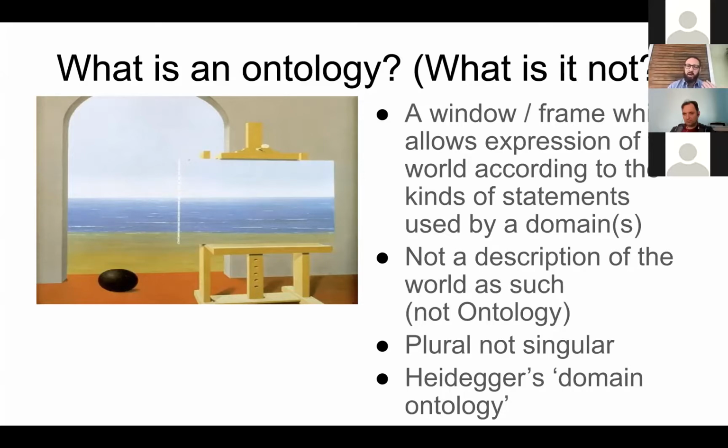So it's not about creating the picture of the world, it's about creating a picture of the world that is useful for a group of people doing similar kinds of description, similar kinds of science or research.